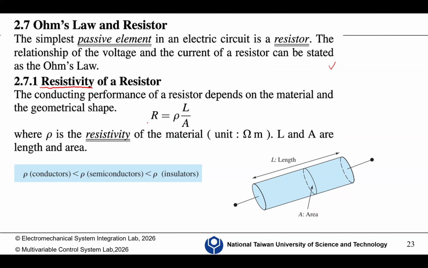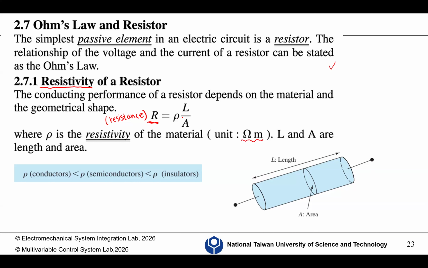The resistance R, we usually use a capital R to represent resistance, equals rho. Rho is the resistivity of a material. The unit is ohm meter.